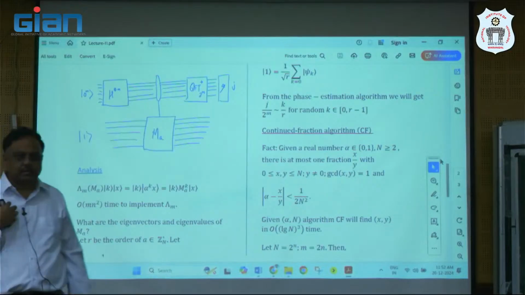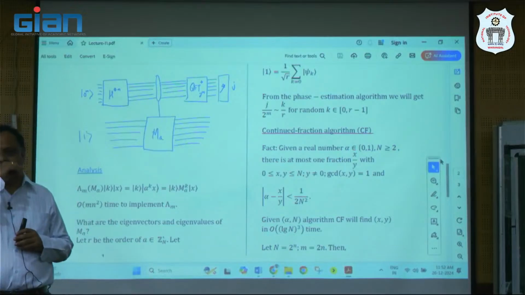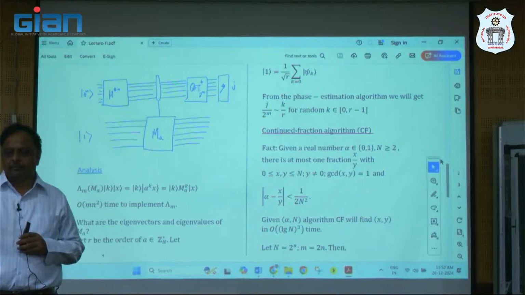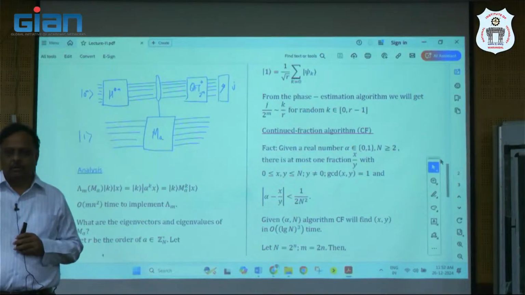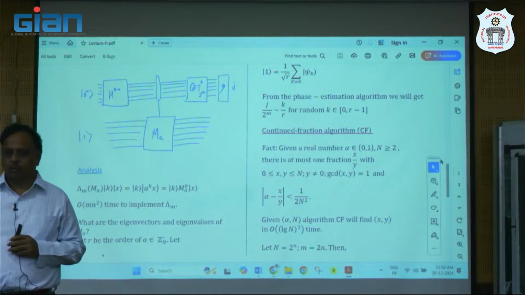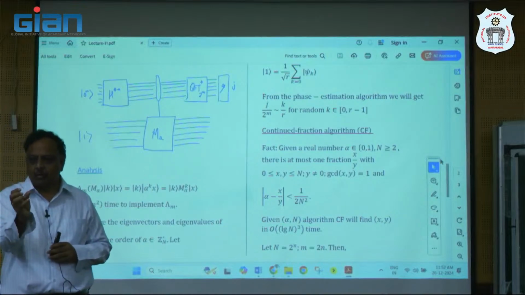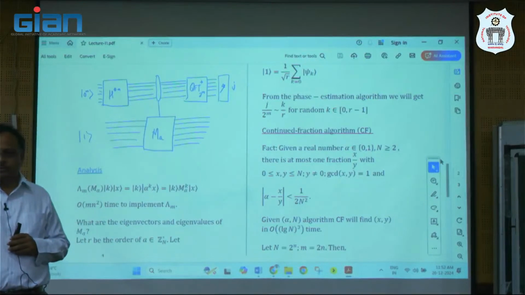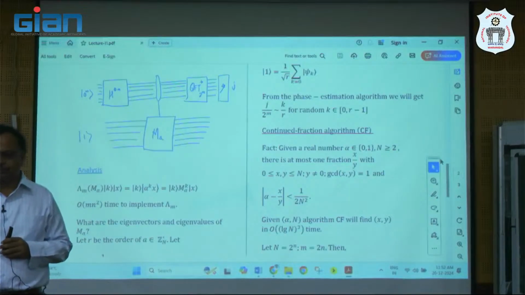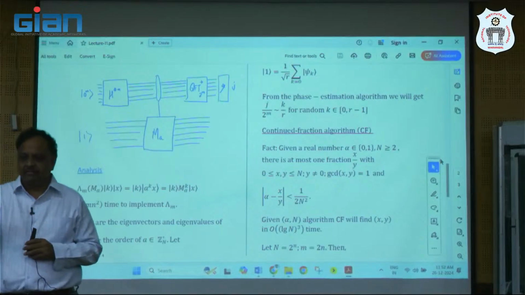What it does is, suppose I want to find the continued fraction expansion of any number. I first take the integer part out, then I get a fractional part, right? But that fractional part is between 0 and 1. So let's say f is the fractional part.